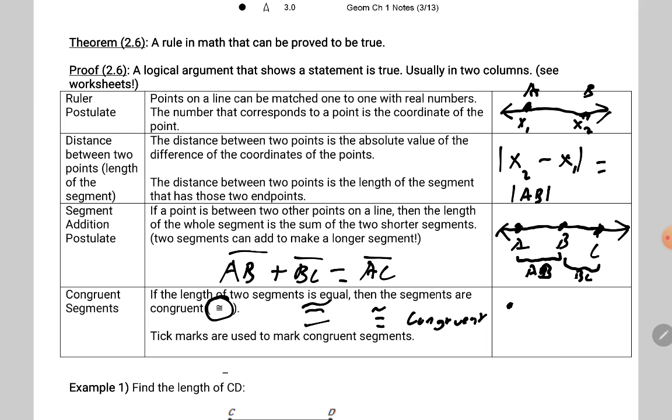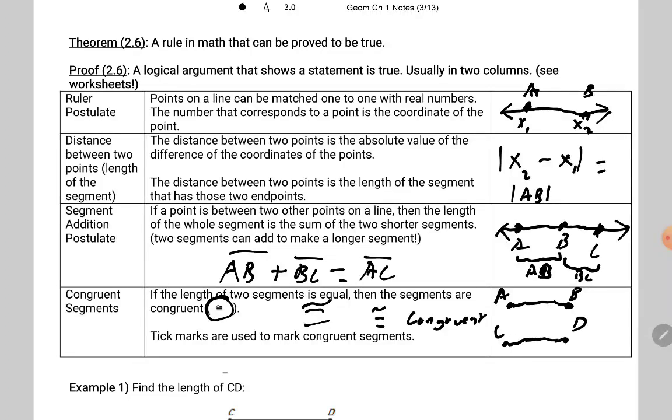So you might see this in your book. So here's A, B, here's C, D. And if I drew them right, they have the same length. And they'll have these two tick marks. Or they'll have a single tick mark. Actually, let me redraw that really quick.